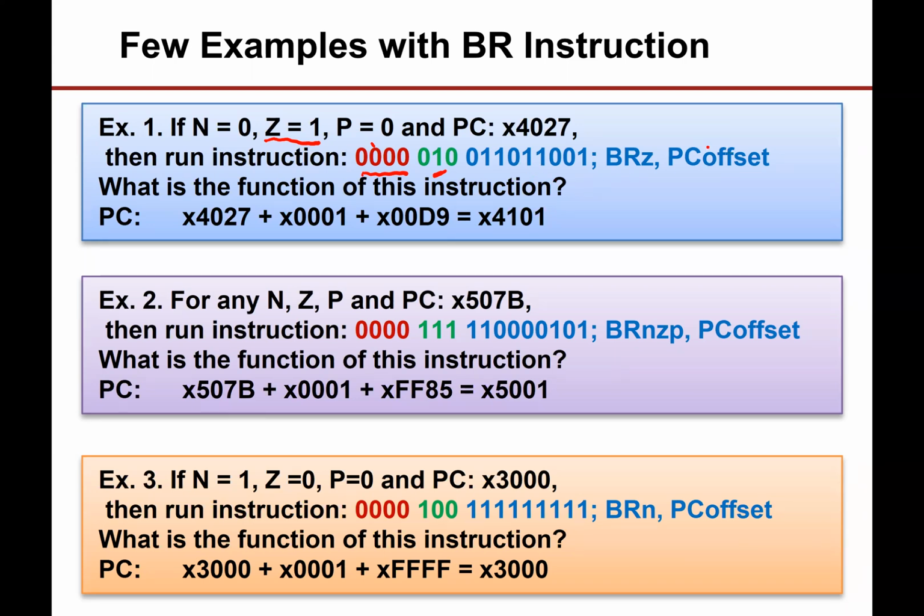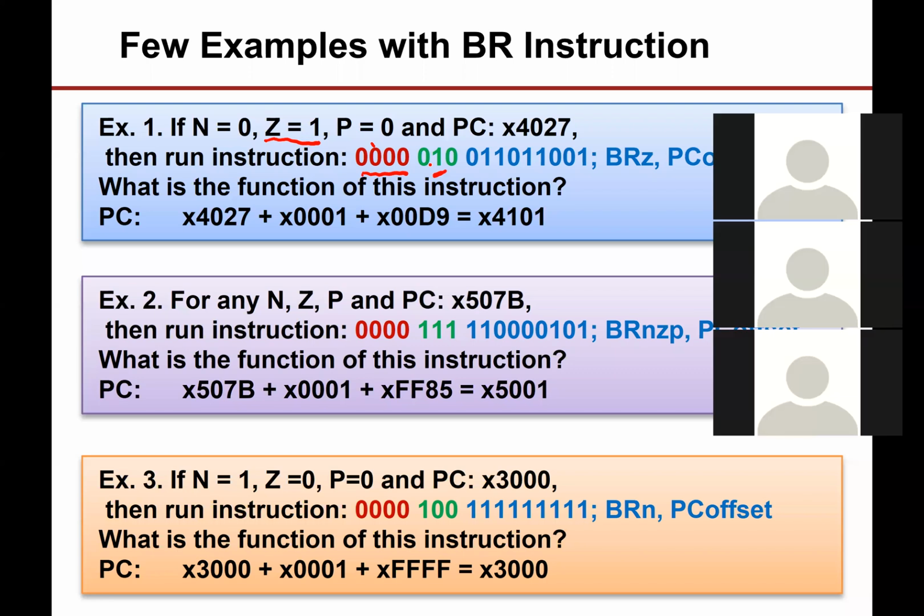So here the condition is 1, and the condition code is also 1. So this means the condition is satisfied, right? Because here lowercase z equals 1 and capital Z is also 1.